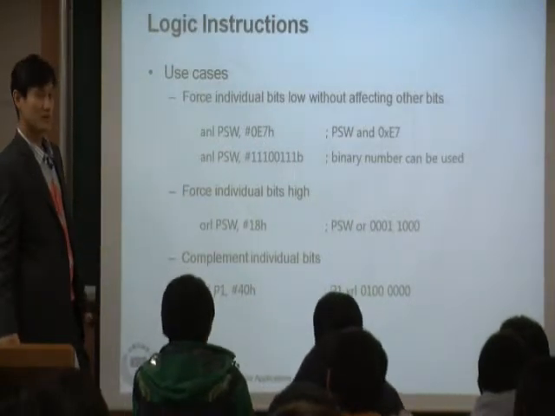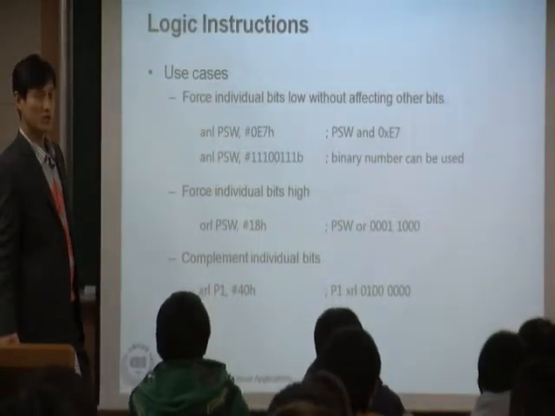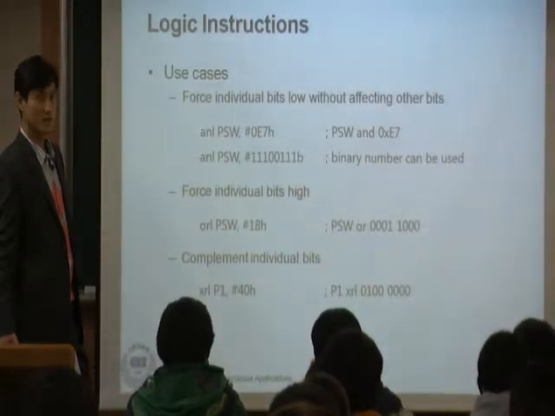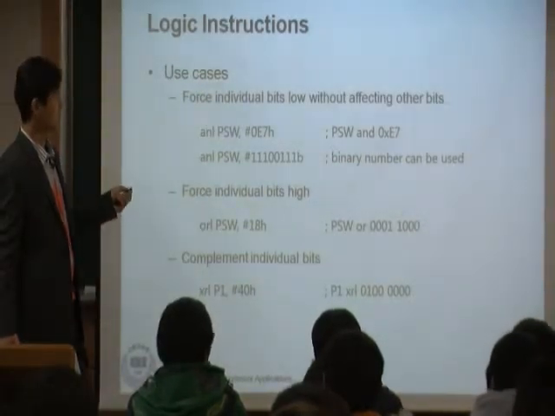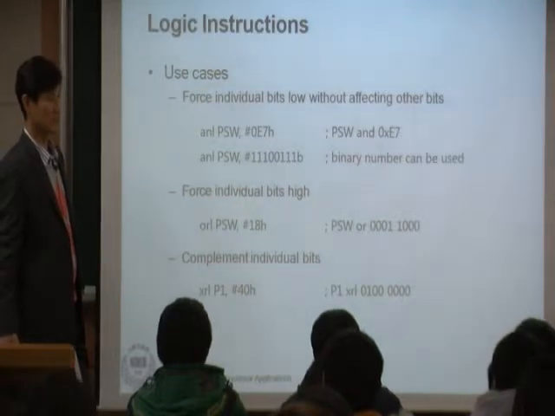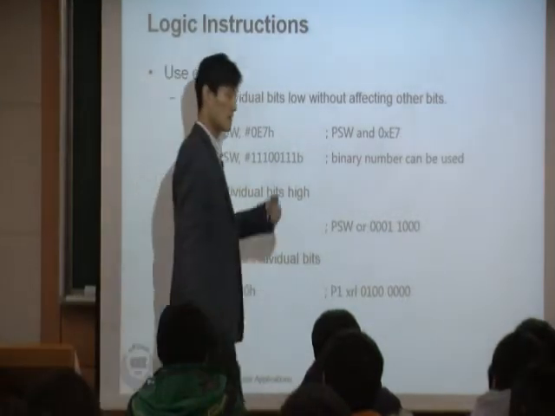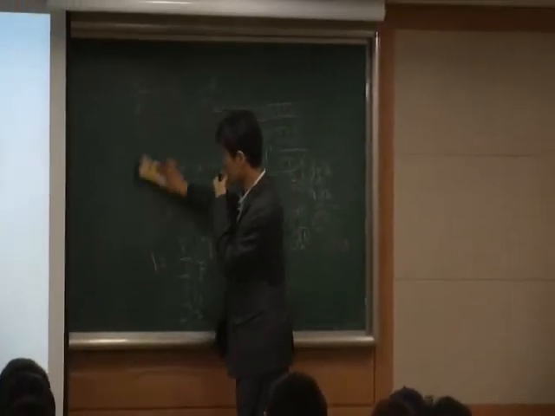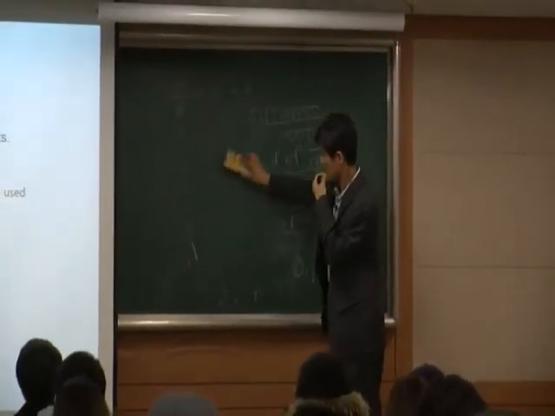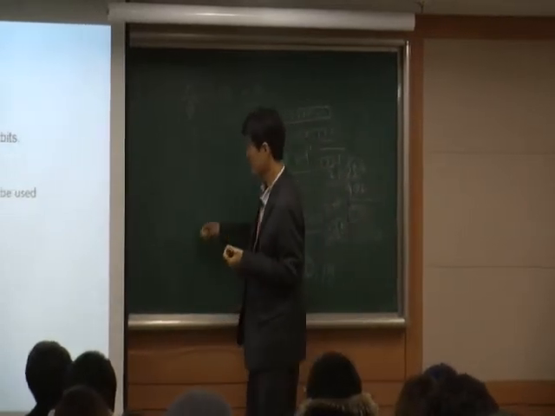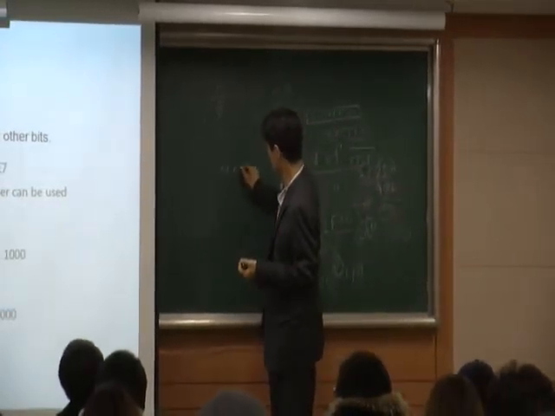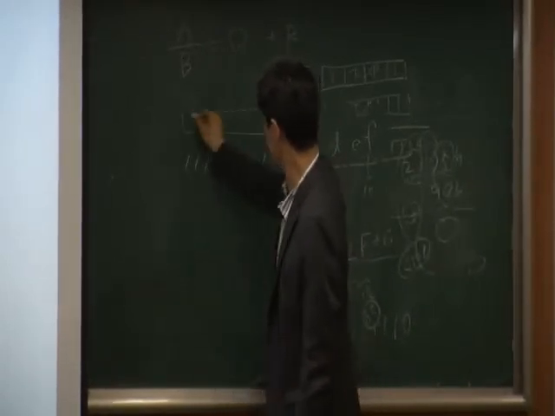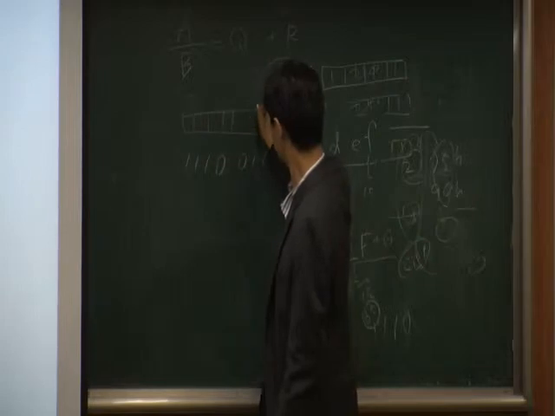E7, what is E7? 1110, 0111, right? So if you do AND with this, then what does that mean? 1110, 0111, and your PSW has some value.